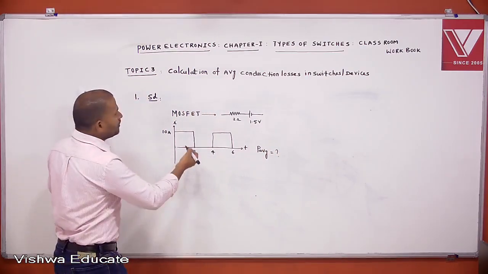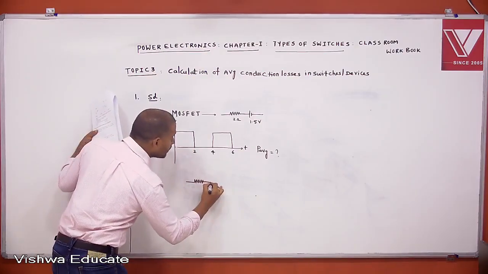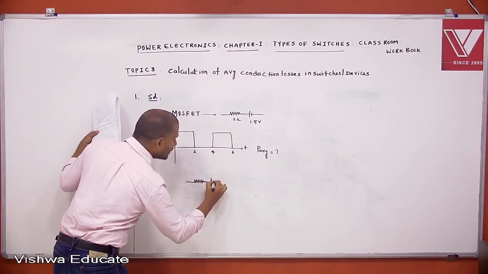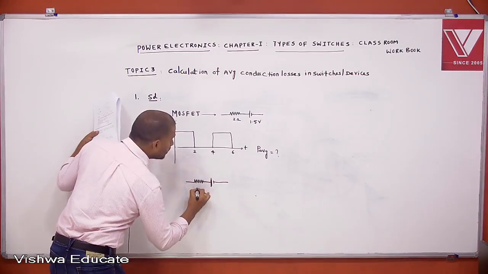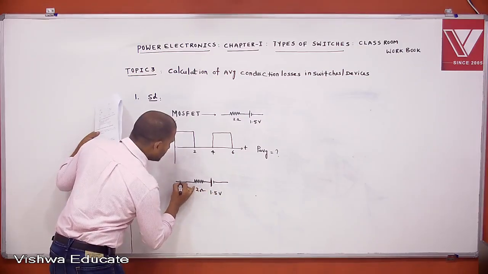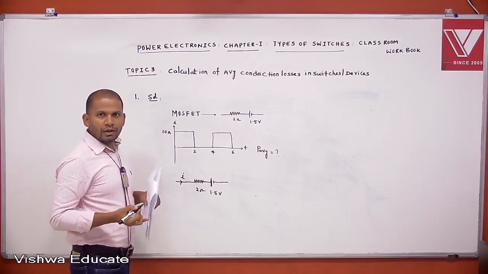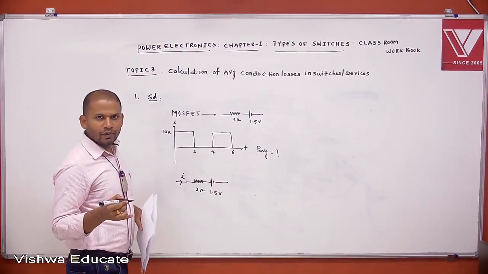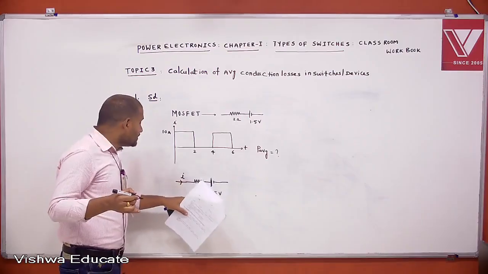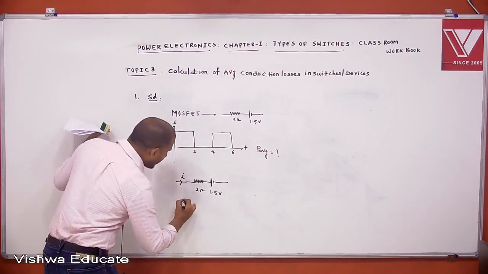Now, the MOSFET has on-state resistance of 2 ohms and voltage drop of 1.5 volts, and this current waveform is applied. In the concept I explained, if the resistance and voltage drop are given, how do we calculate average power loss?